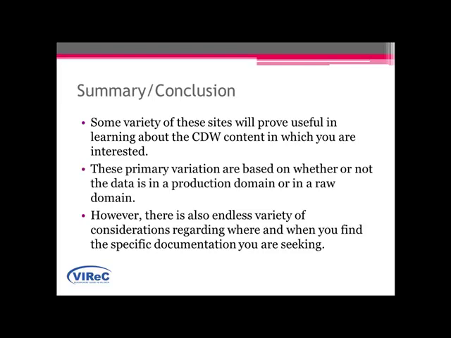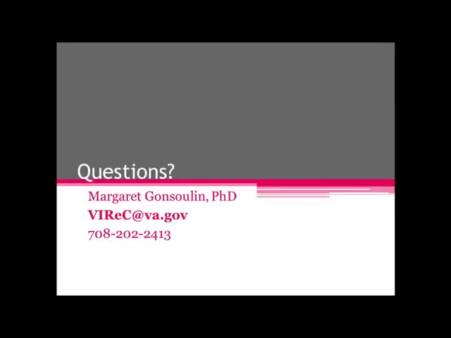So sometimes I end up looking at handbooks from the VHA or directives or the VISTA software document library or all sorts of sites looking for the answers I'm seeking in terms of what the data in CDW really means. So just keep that in mind. And now I'll take any questions if there are any.